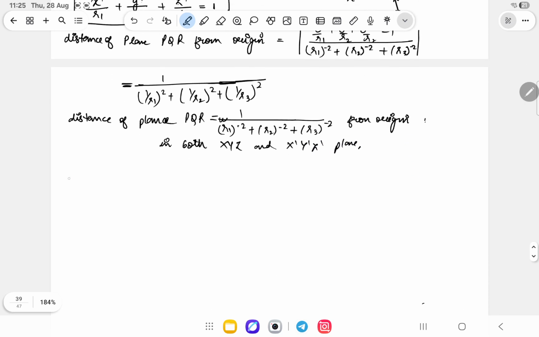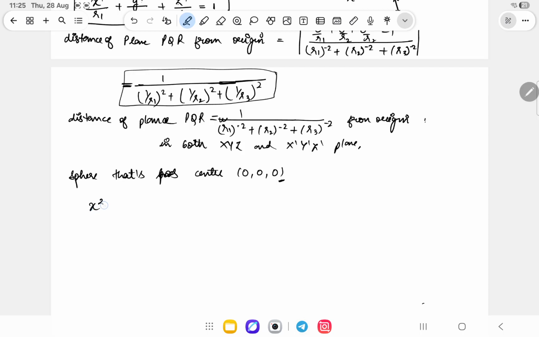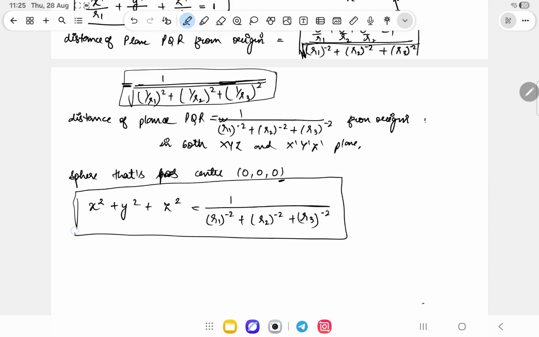Now if I consider the equation of a sphere that has center 0, 0, 0, and I take this as the radius of the sphere, I'll get my sphere as x square plus y square plus z square equals, here there will be an under root, 1 by r1 raised to minus 2 plus r2 raised to minus 2 plus r3 raised to minus 2.